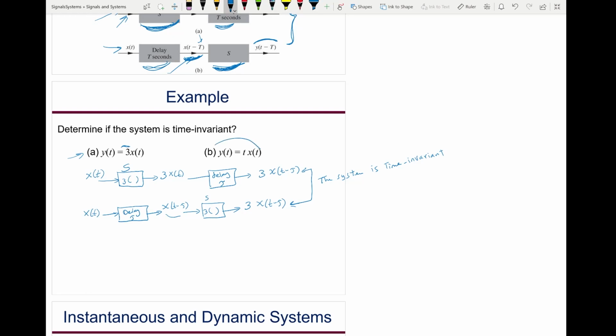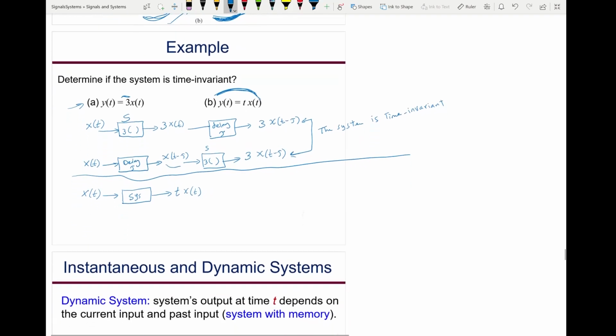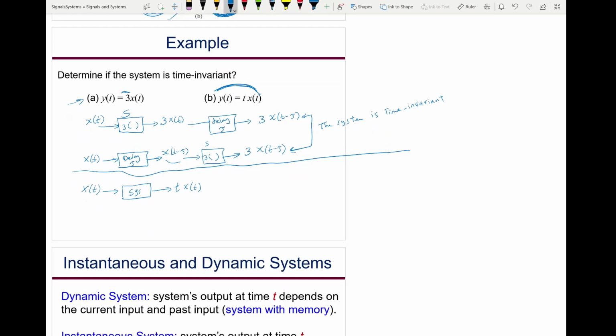All right, let's see this one. Is it time varying or time invariant? So let's take the input here and it goes to the system. According to these equations, it will take the input and multiply it by t. So that will be t x of t. And just to help you visualize, imagine the input x of t is something just like this. Then the output here is that x of t, which is this pulse, multiplied by t, so it's going to look something like this.